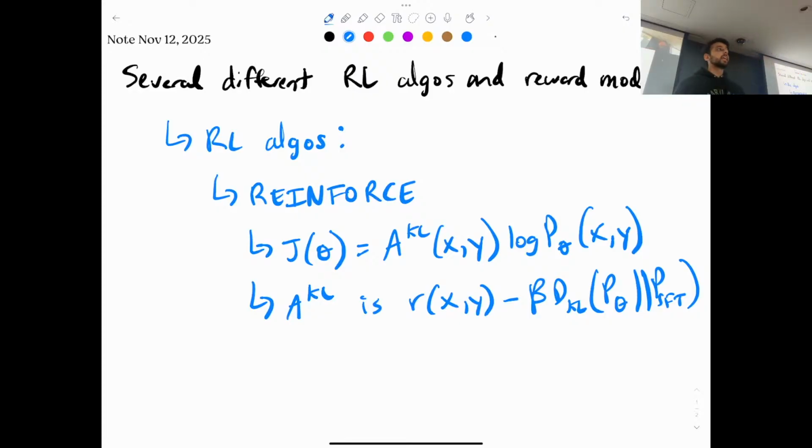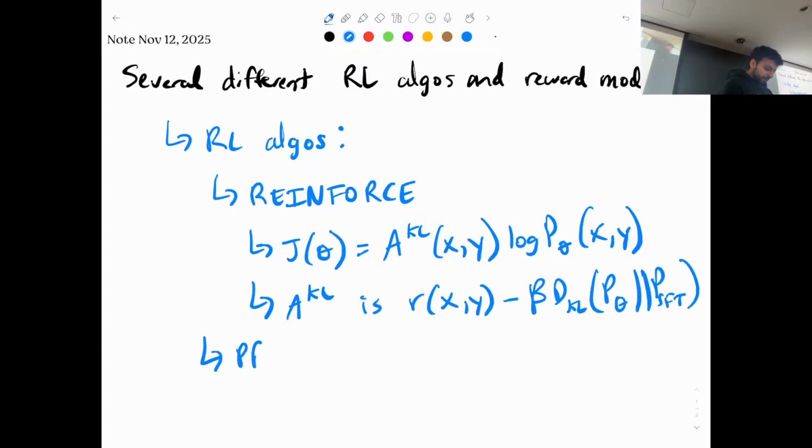And the idea here was that the KL divergence is going to penalize the model from deviating too much away from the base instruction tune model. That said, in this algorithm, we only do one step per batch, and we don't have any clipping, so we don't do anything else to make the algorithm more stable.